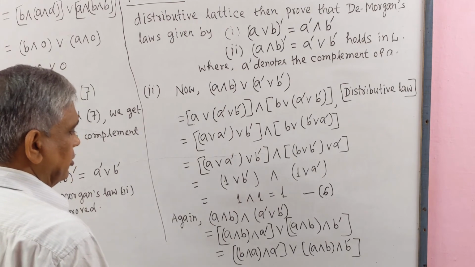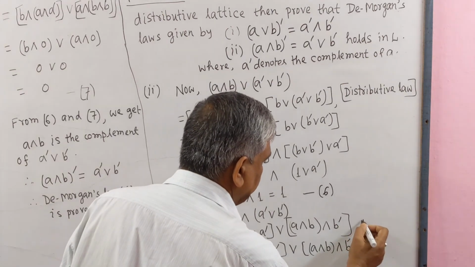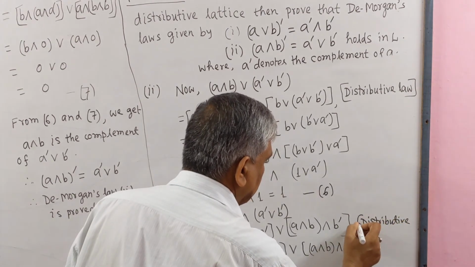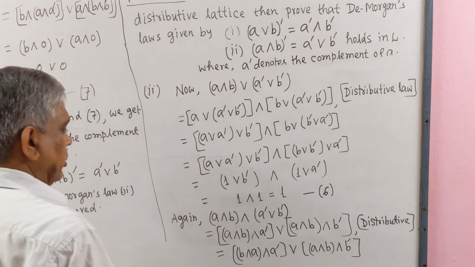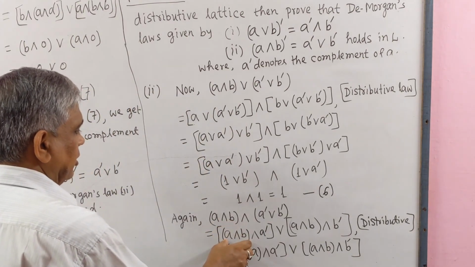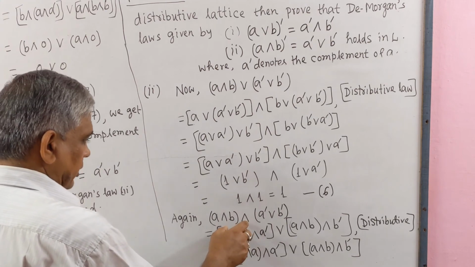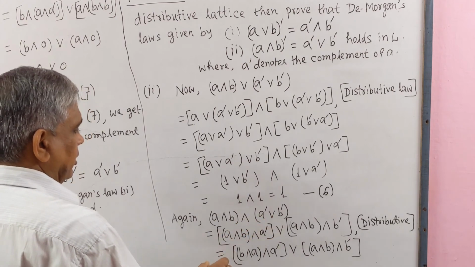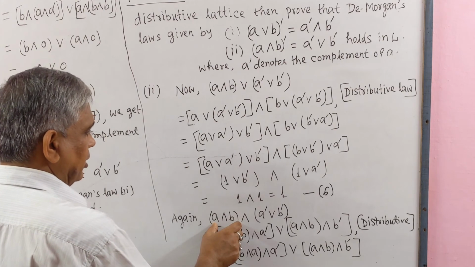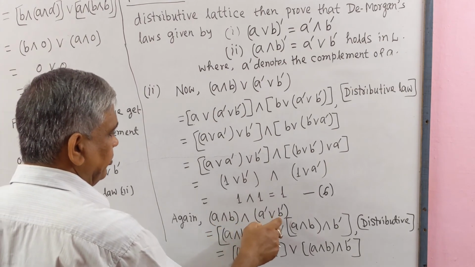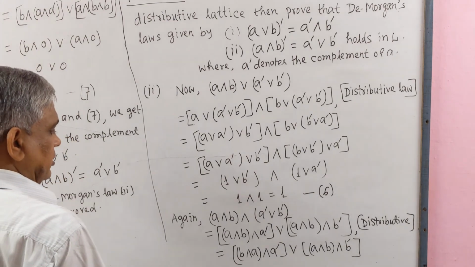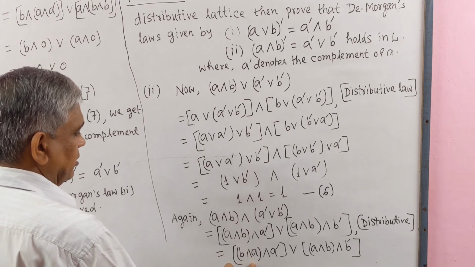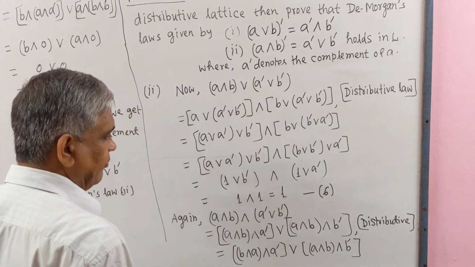So by the distributive law, (A meet B) meet A prime, then join (A meet B) meet B prime. Now by the commutative law, A meet B equals B meet A, meet A prime.